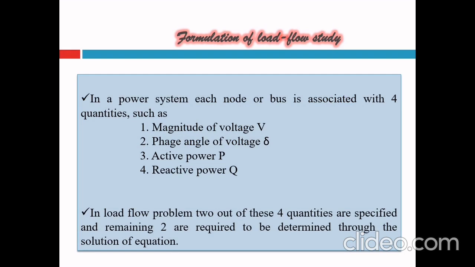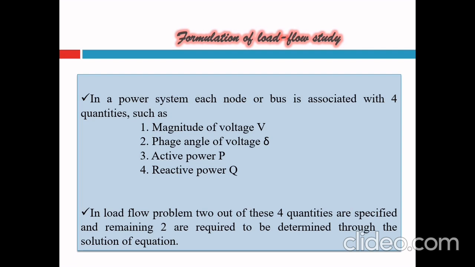If you observe a bus, it is attached with its voltage, corresponding angle, then real power injected into it, and then reactive power injected. So 4 quantities or 4 values are attached to any bus.